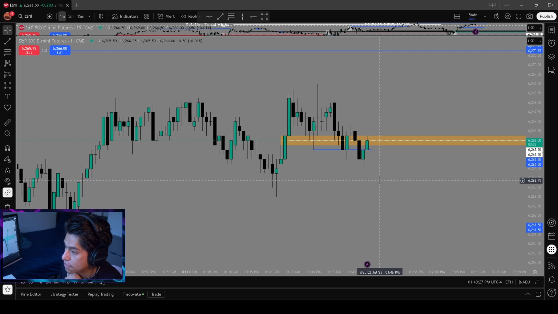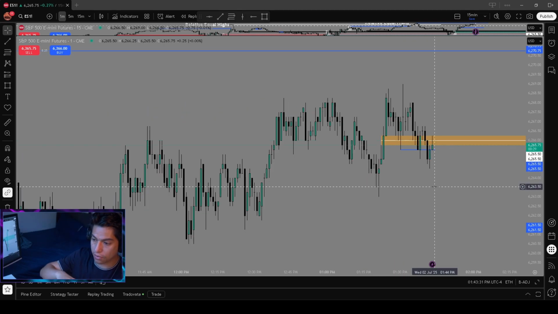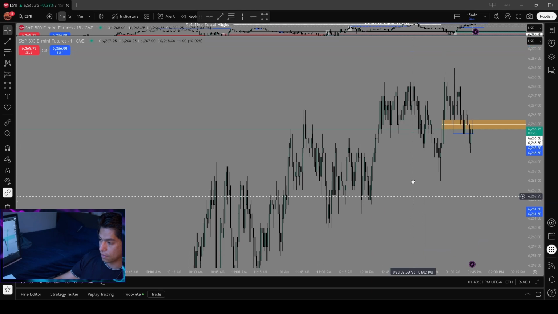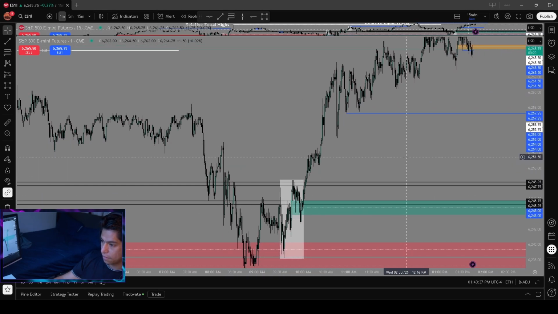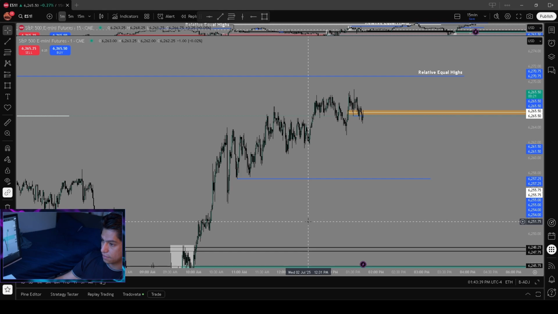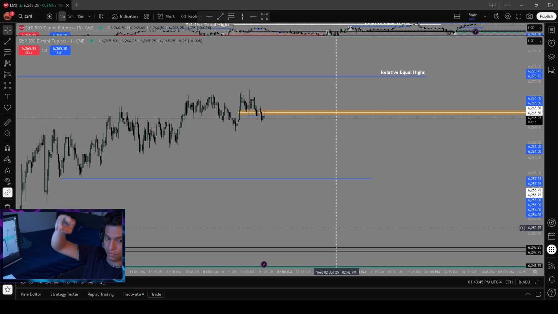So I want to see if this is a market structure change, meaning if we were going up in this case, pretty much from the morning, I want to see if this session, like this afternoon range, makes it go down. So we're kind of reversing.